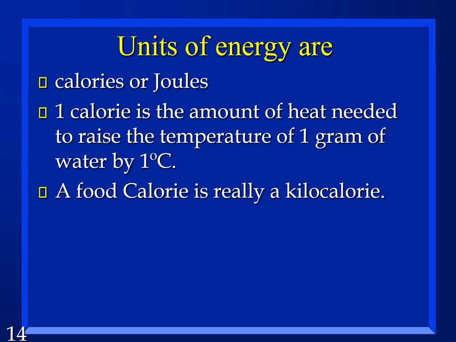A food calorie is really a kilocalorie. If you look at the box, they always spell it with a capital C. And 1 calorie is 4.184 joules. You don't have to memorize that number. It's on your periodic table.